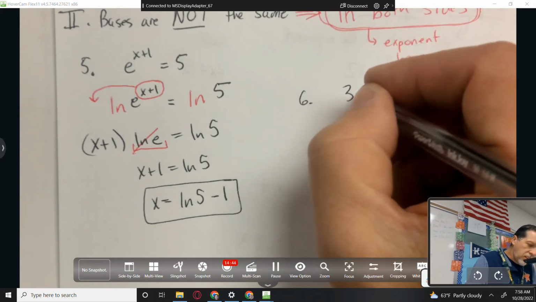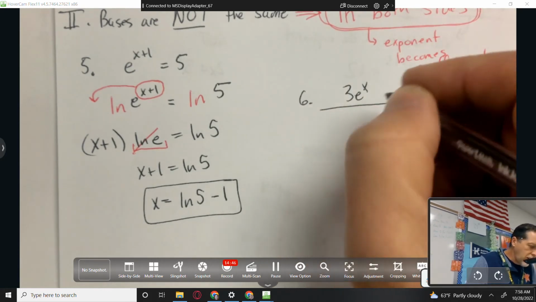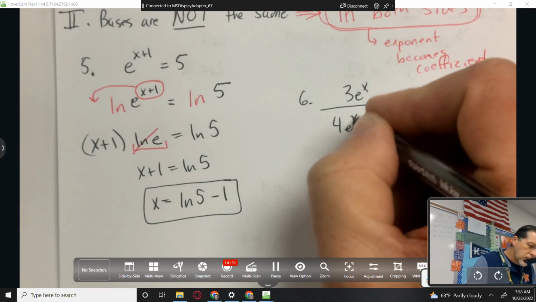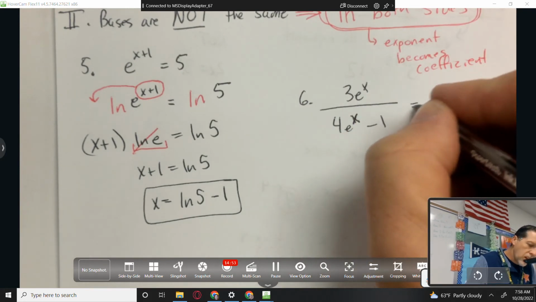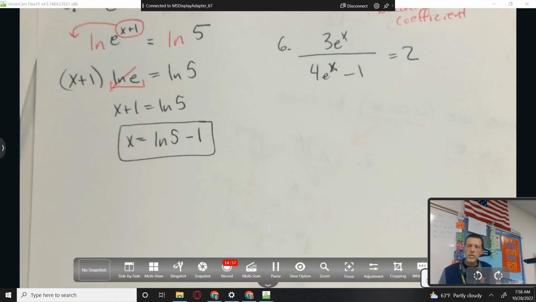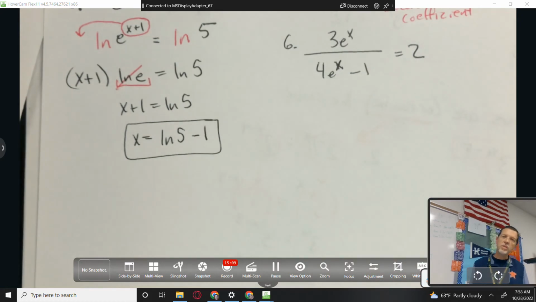Number 6, 3e to the x over 4e to the x minus 1 equals 2. Thoughts on what we do first here? Here's a hint.